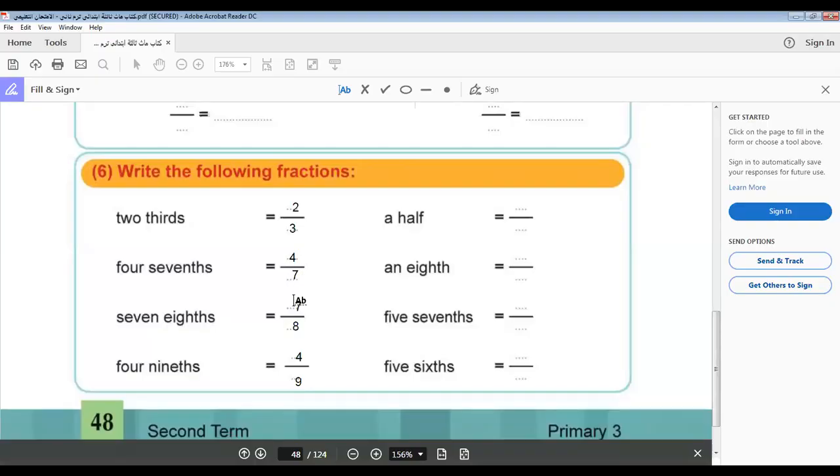So 4/7, 7/8, and 4/9. He divided the bar or the object into 7 equal parts, and he took just 4. Here you have 7/8, and here 4/9, and the rest you will do by yourself.